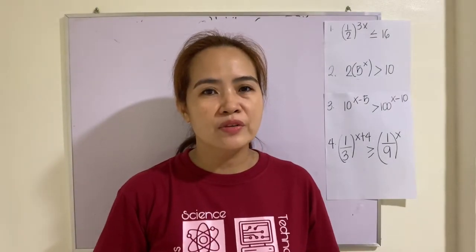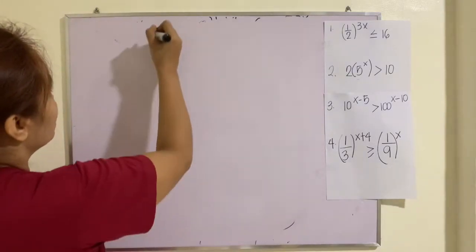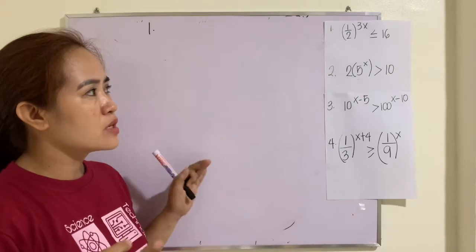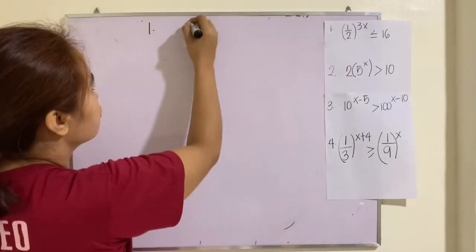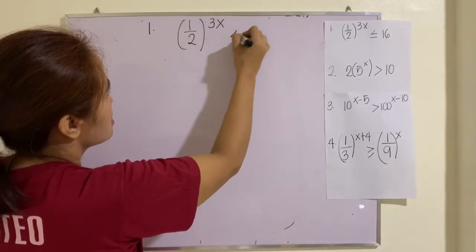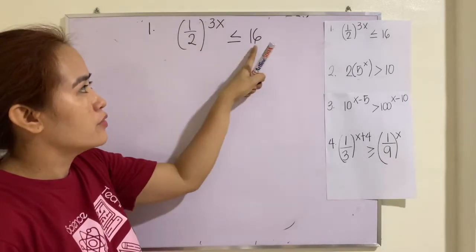That's it. Let us go now to solving exponential inequalities. Example number 1. So same procedure, you must express both sides of the equation with the same base. In this case, we have 1/2 raised to 3x is less than or equal to 16. So notice that this is 1/2 and this one is 16.